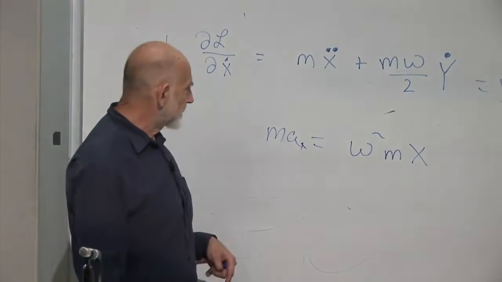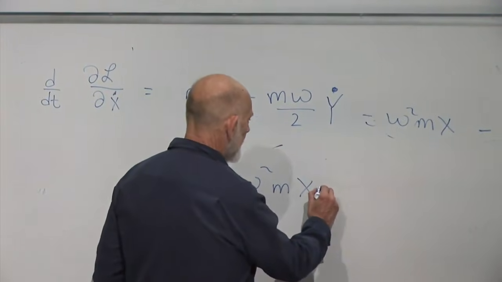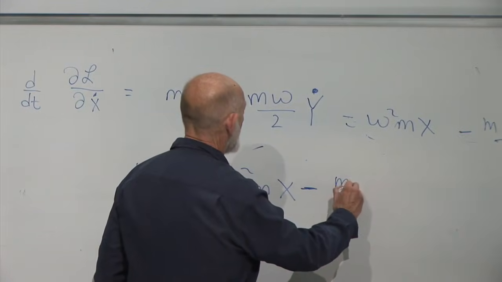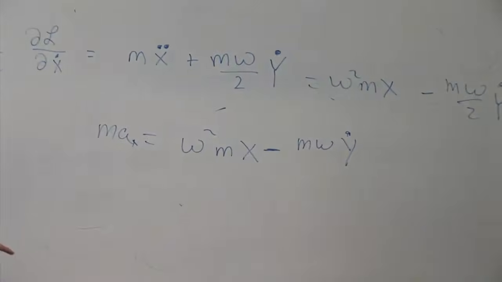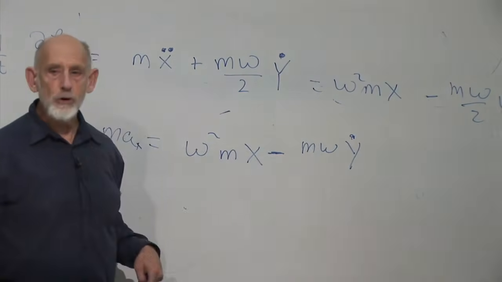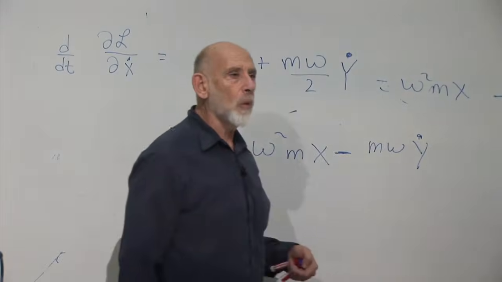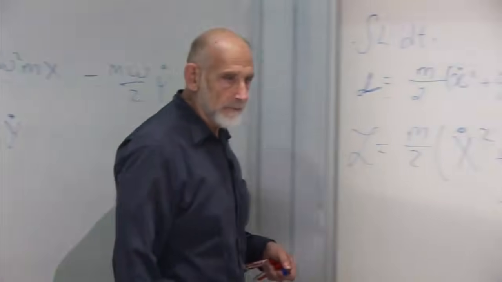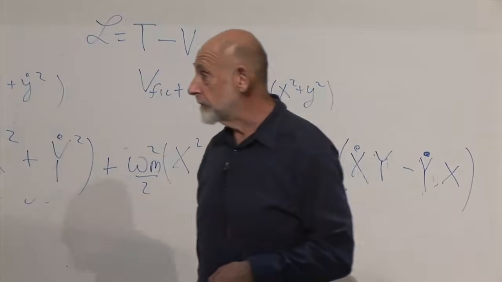What about the other term? The other term, they add minus m omega y dot. And now we have something truly new. We have a force on the right-hand side, the x component of force, which is proportional to the y component of velocity, or minus the y component of velocity.